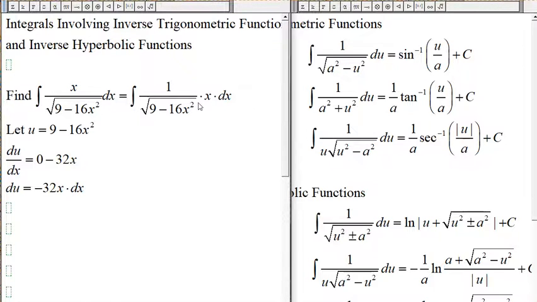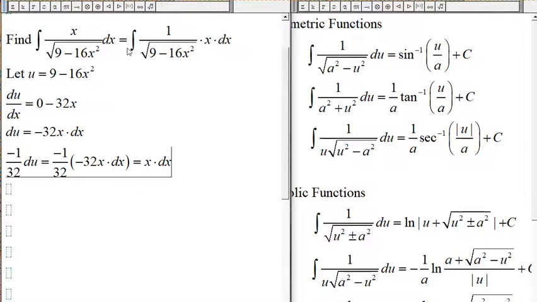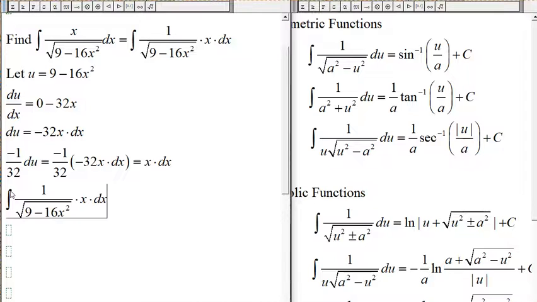When we look at the integral, we only have x dx, we don't have the negative 32. So we can multiply both sides by negative 1 over 32. And this is equal to x dx. And then now we can make the substitution.